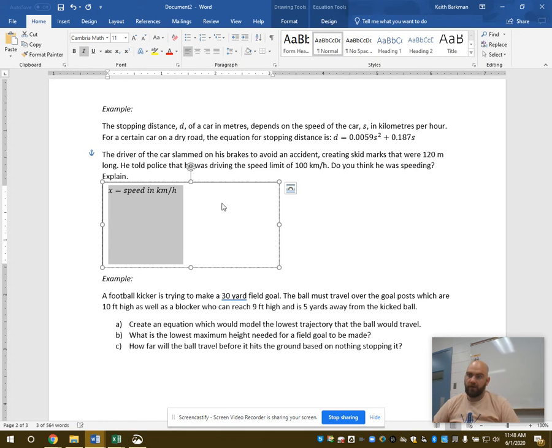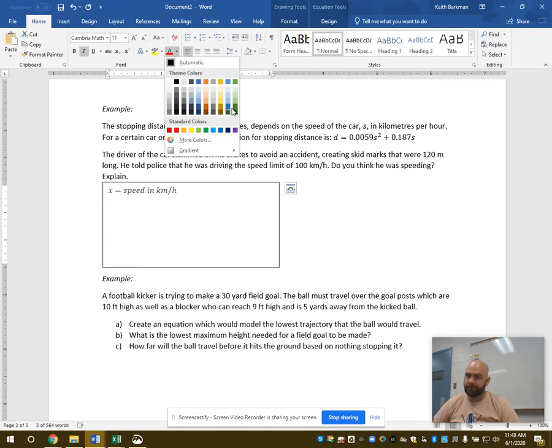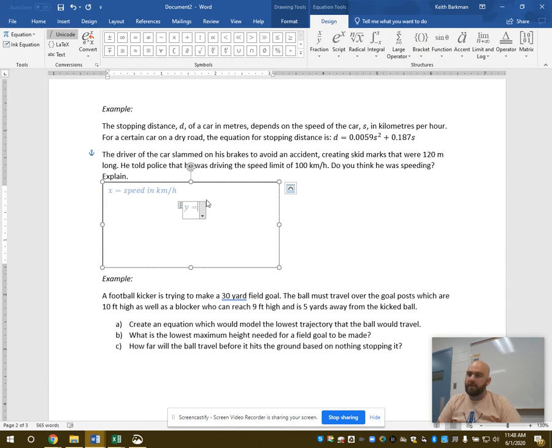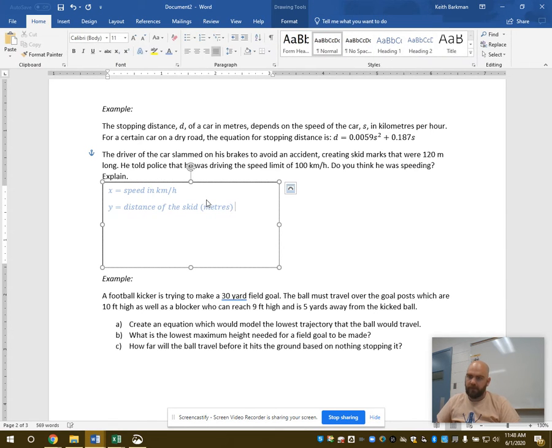And y is going to be the distance of the skid, and this is in meters. So we got those two things in there, x and y. We need to know what they are, and that has to be a part of your answer. Wherever you put that, it's got to be a part of your answer.